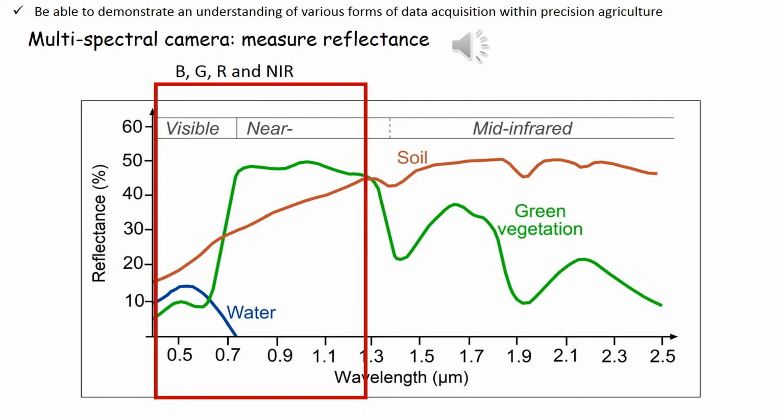So this is what those multispectral cameras are trying to differentiate. They're trying to differentiate objects based on their reflectance of these wavelengths.